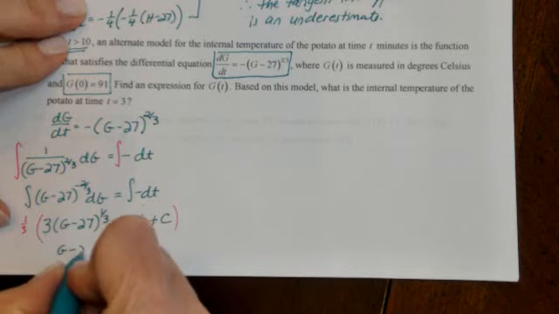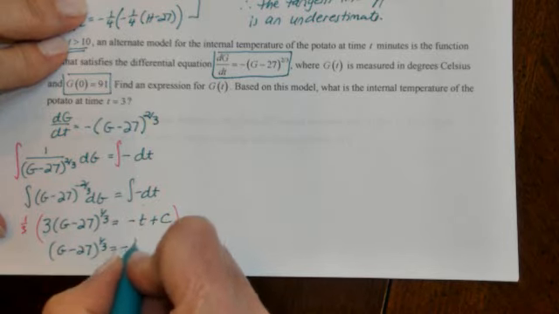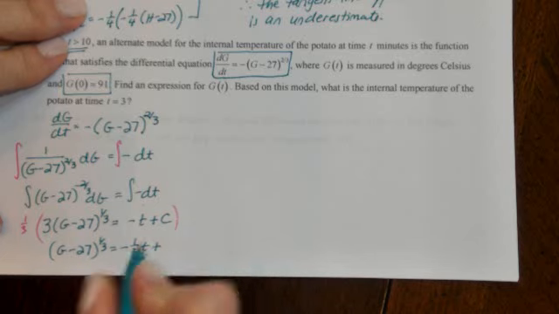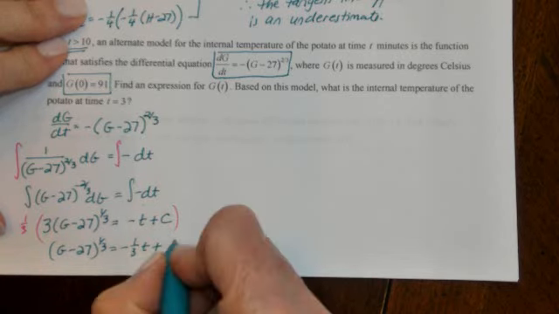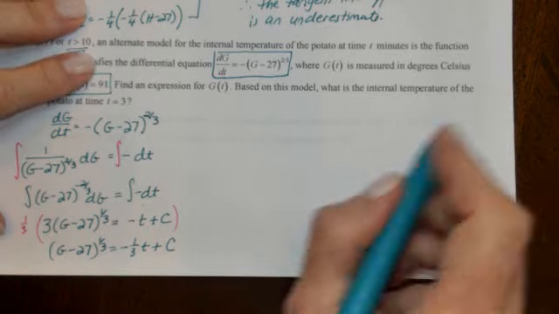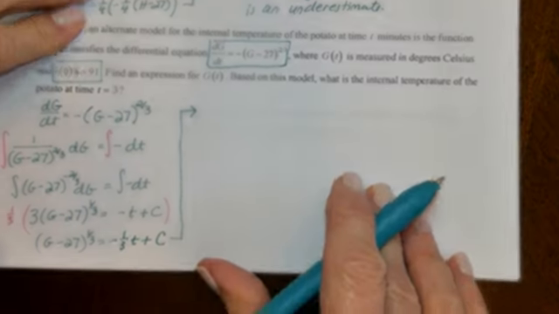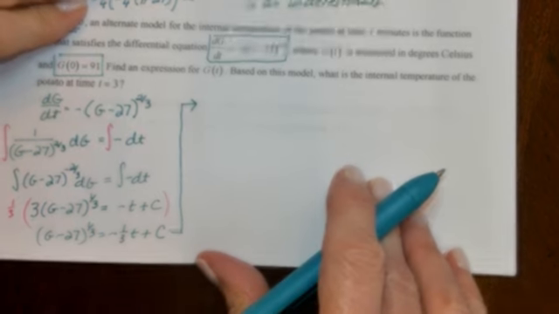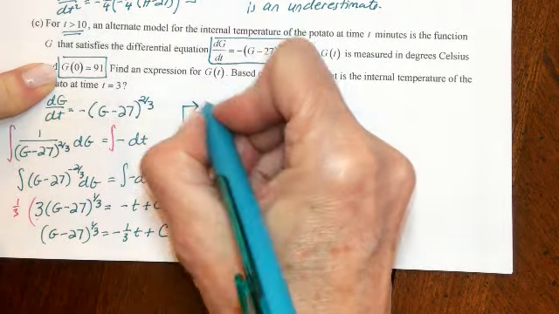So we'll have g minus 27 to the 1/3 is equal to negative 1/3 t plus 1/3 times any constant, which is just another constant. So I'm just going to leave it c. Okay? And at this point, I think I'm going to go ahead and plug in my value now. 91 minus 27 I think is going to be doable for me. So I'm going to go ahead and plug that in there.